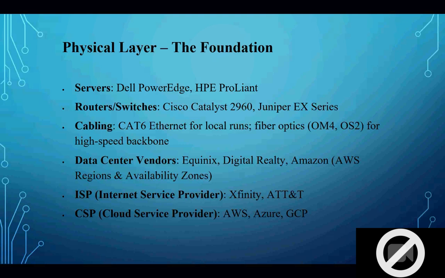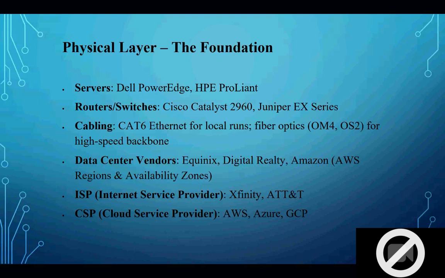And this is my first slide, the physical layer. As you know, the physical layer is the backbone of all IT infrastructure. It includes all the tangible components like servers, routers, switches, cabling, and firewalls. Then we have data centers, internet service providers, and cloud service providers.